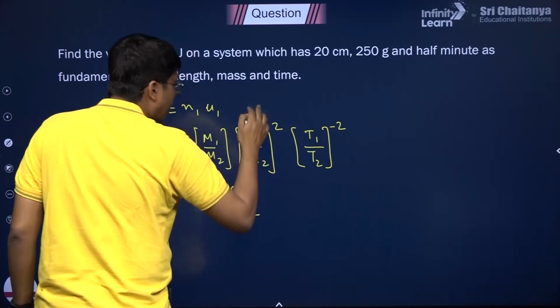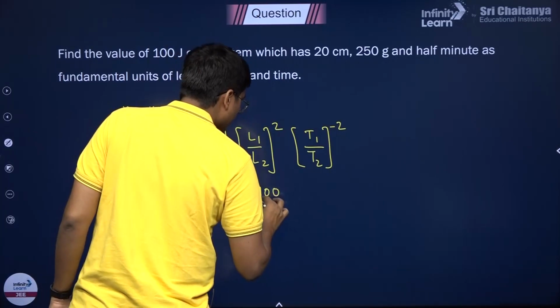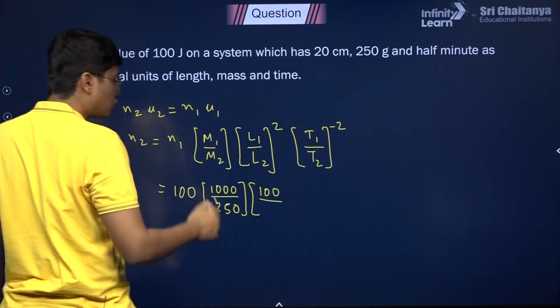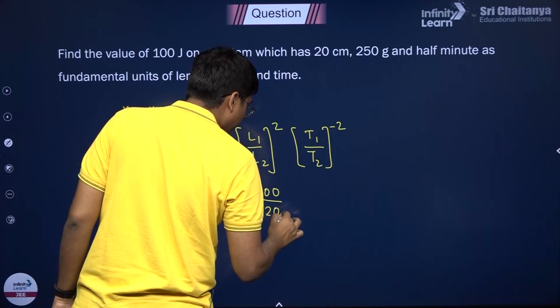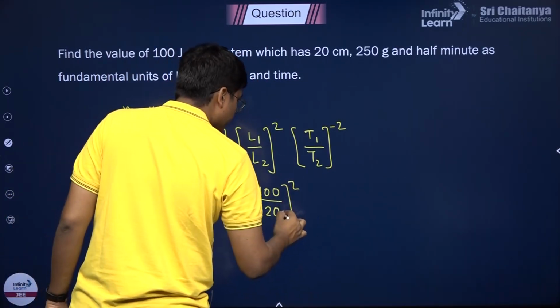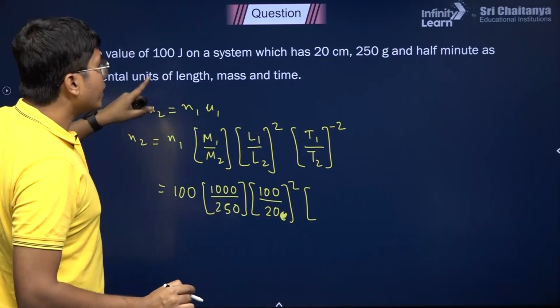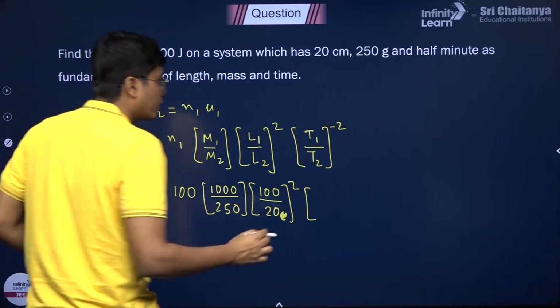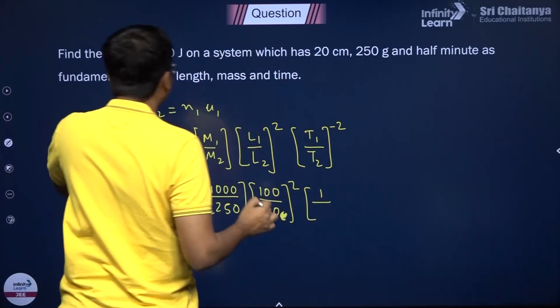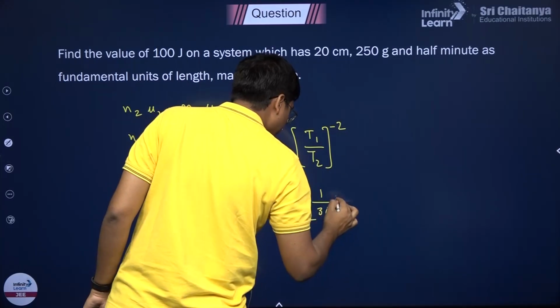On this side we have L1 by L2. L1 is 1 meter, which is 100 centimeter, divided by L2, given as 20 centimeter. We don't need to keep the centimeters. Here we have the square. The time in the normal case is 1 second in the SI unit, but in T2 it's half a minute, which means 30 seconds.